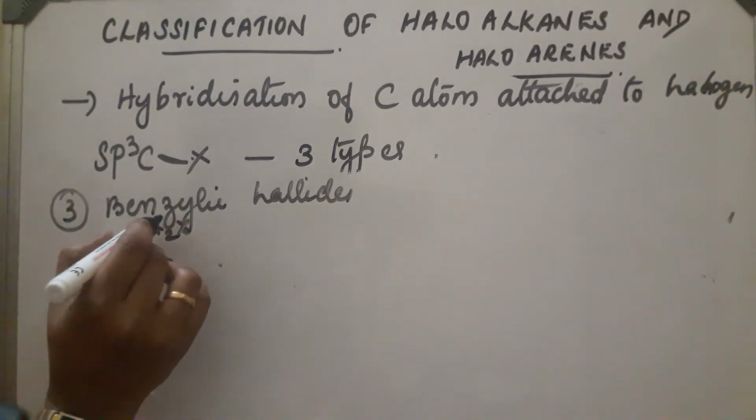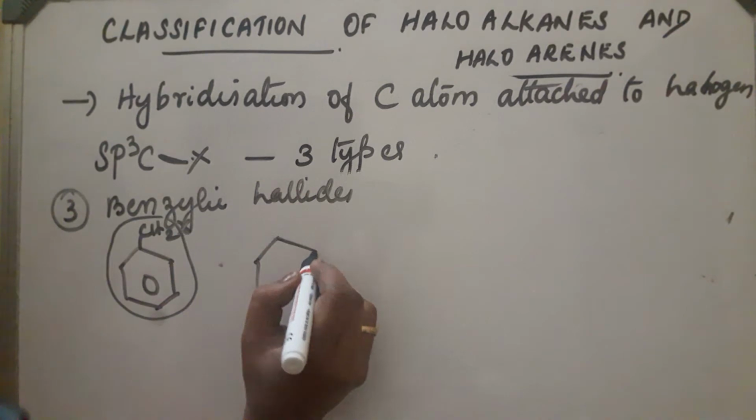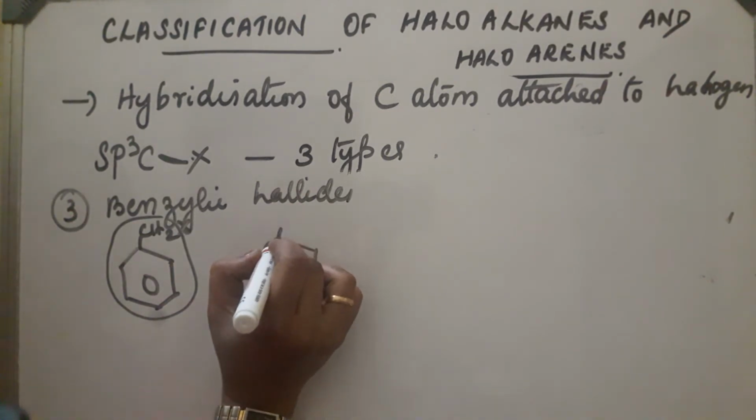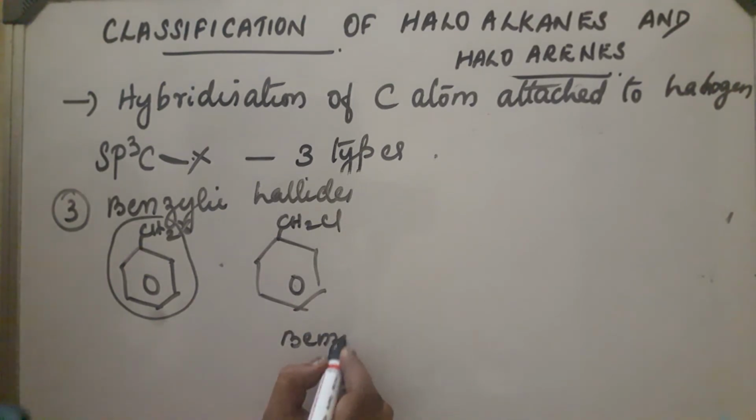This is the benzyl group. Such compounds are called benzylic halides. Let us take one example, C6H5CH2Cl. This is benzyl chloride.